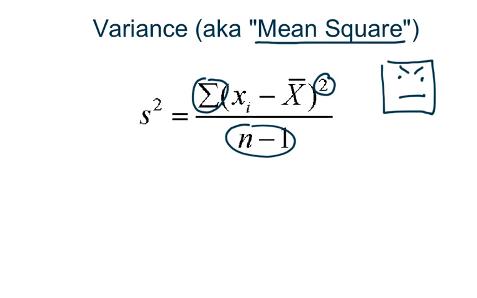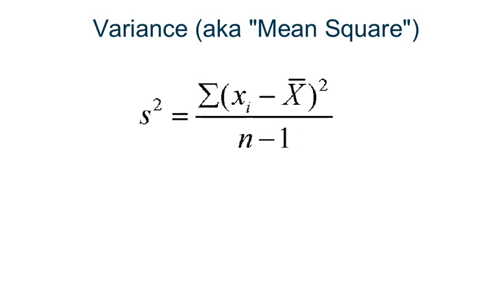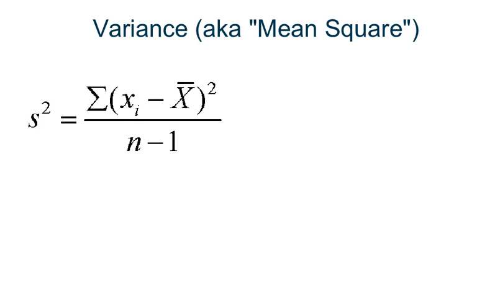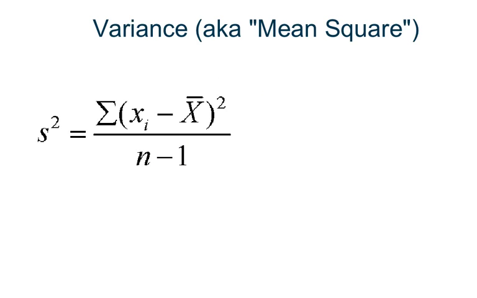So let me clear the ink here, and I want to move this aside. A little bit more about the mean square, or the variance that we will be comparing in the analysis of variance, is the numerator and the denominator. Now, if we look at the numerator here, the calculation is where we sum up the squared differences of each score from the mean.